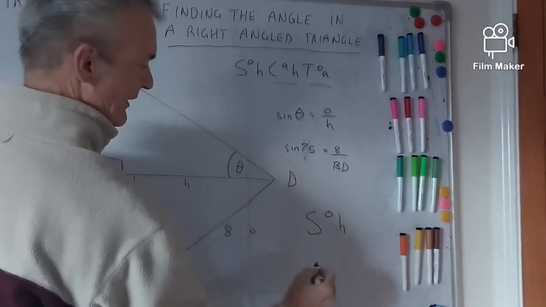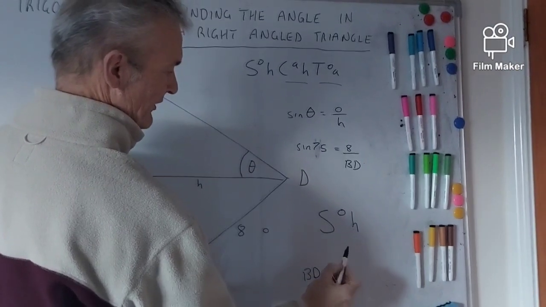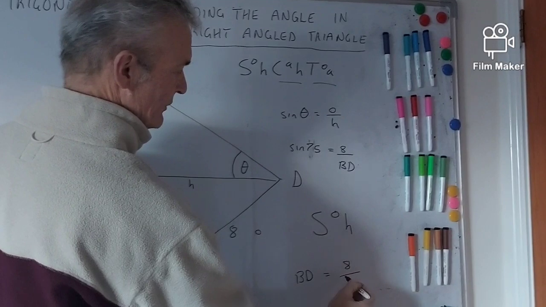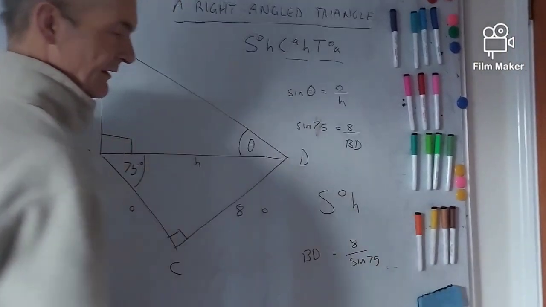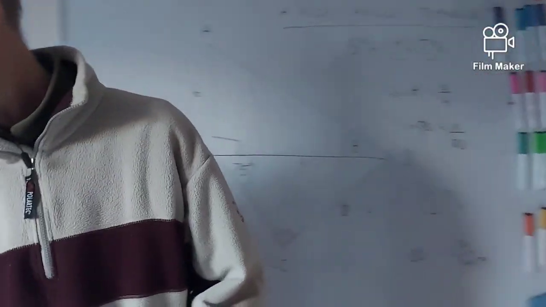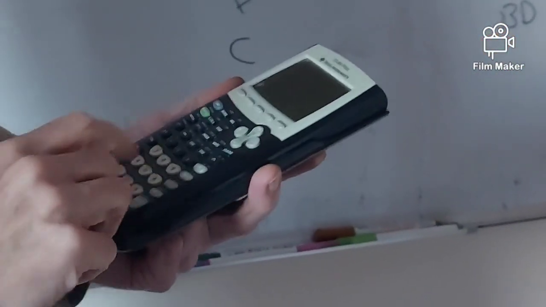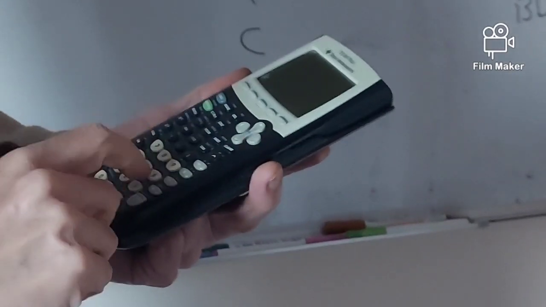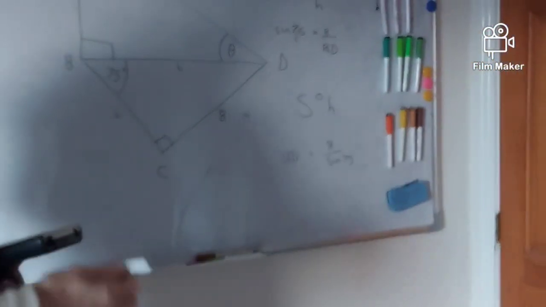So when we rearrange this, we want BD equals the opposite over the sine. So that's 8 over sine 75. And then we can use our calculator to do that. So I'm going to grab my calculator and do 8 divided by sine 75. And that gives me 8.28.